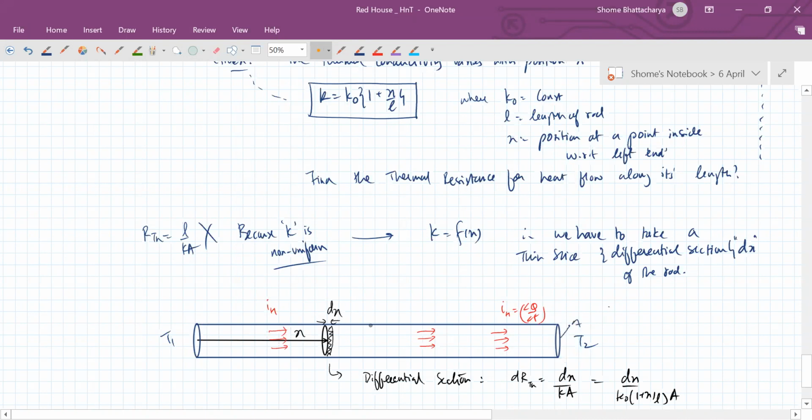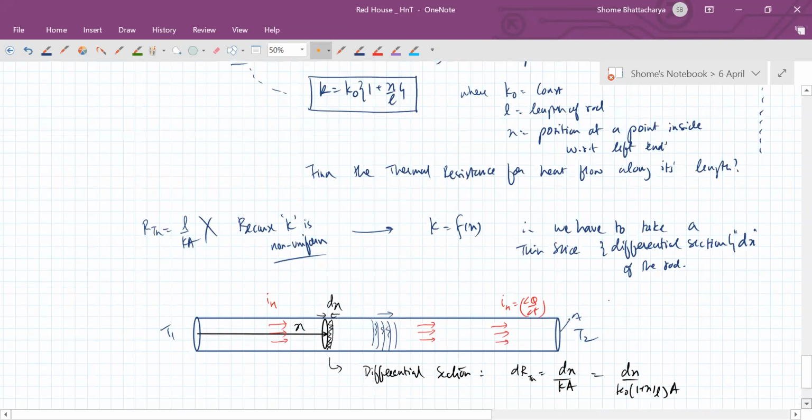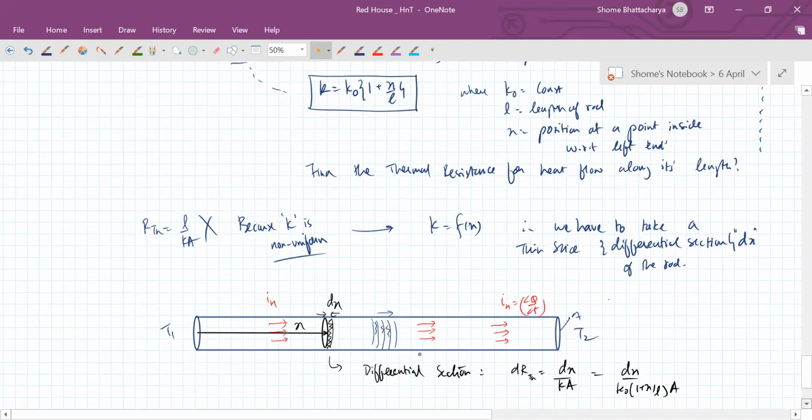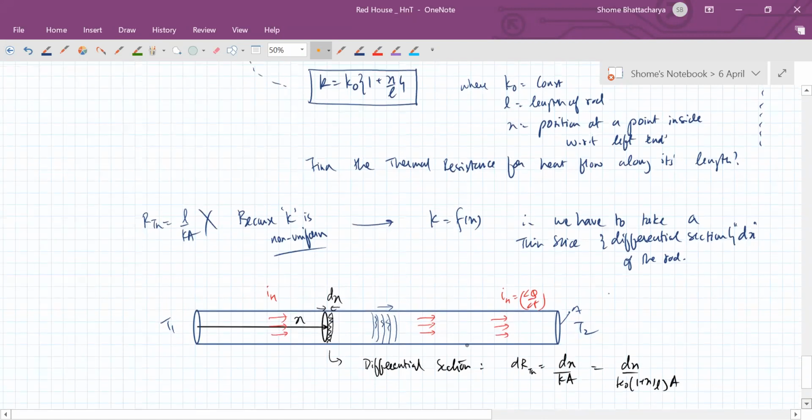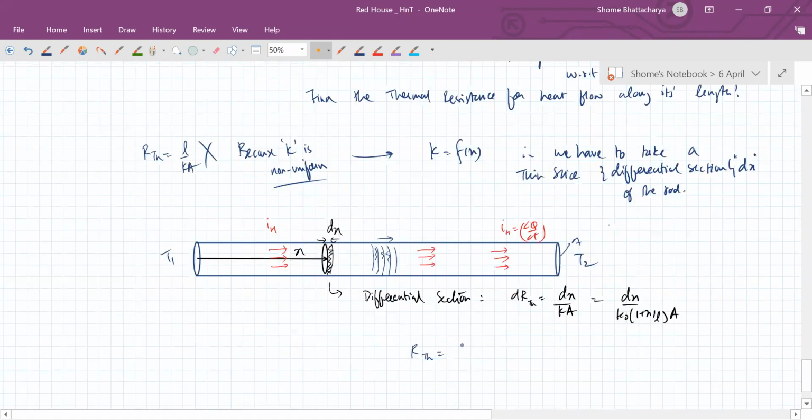This area is A. So there are infinite number of such differential sections, and they are all in series combination with each other because the heat is going through them like this. So the equivalent thermal resistance will become the summation of the resistances.